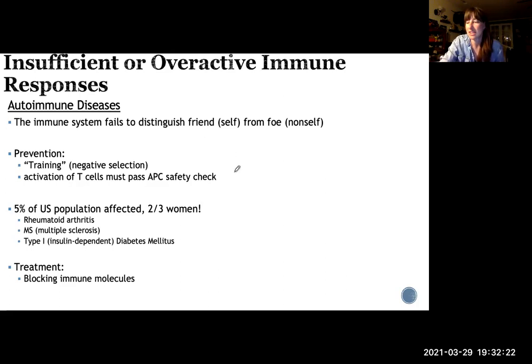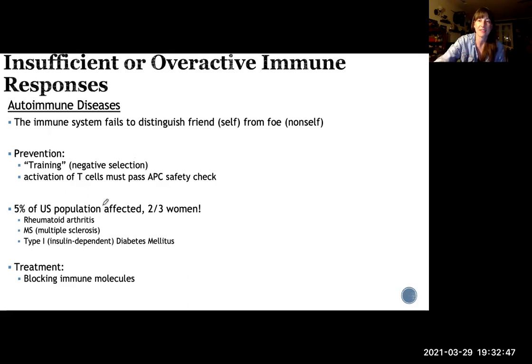So those MHCs, the major histocompatibility complex, start to not work in keeping immune cells from destroying healthy body tissue. You can prevent it, or we do prevent it in the vast majority of cases. In people that don't have autoimmune diseases, it's prevented by that training that we talked about, that negative selection.